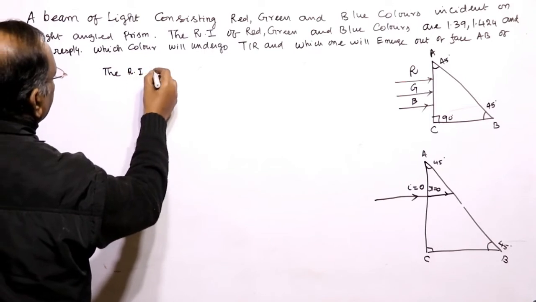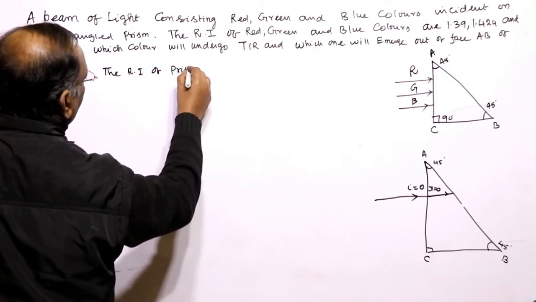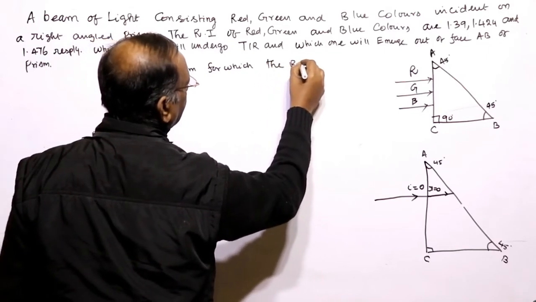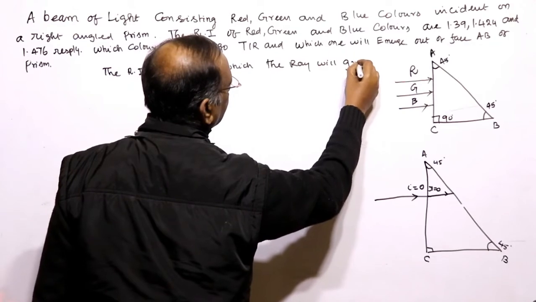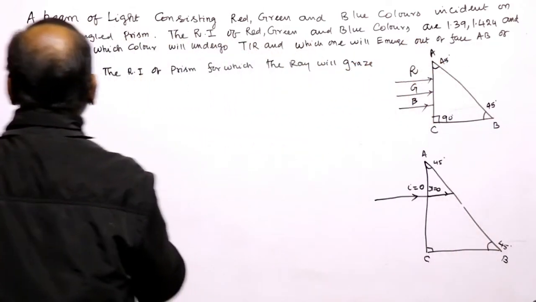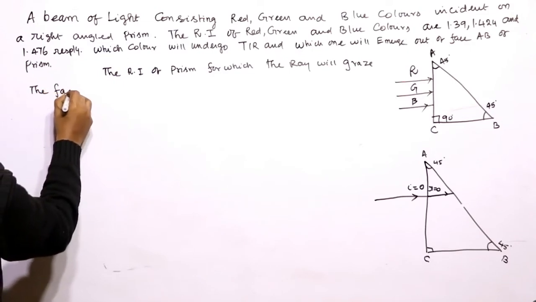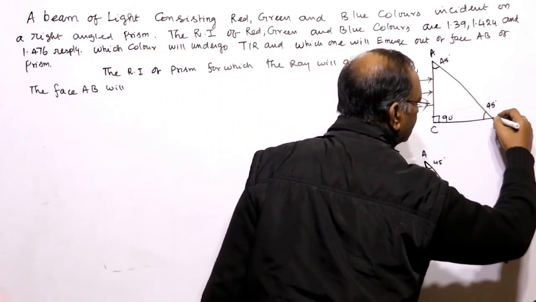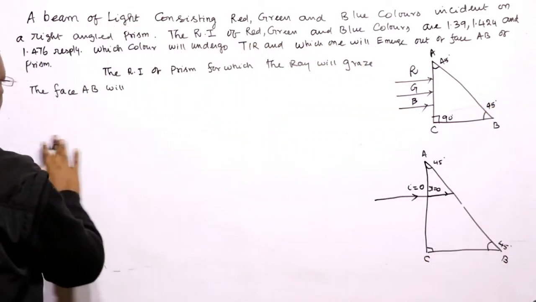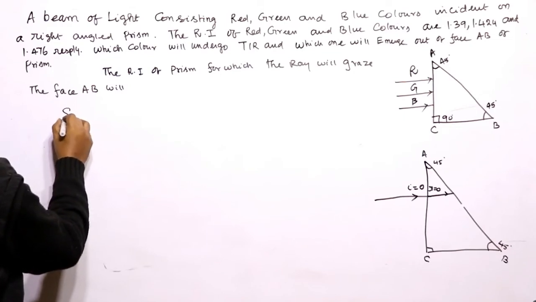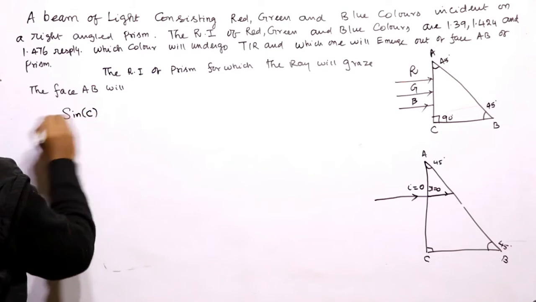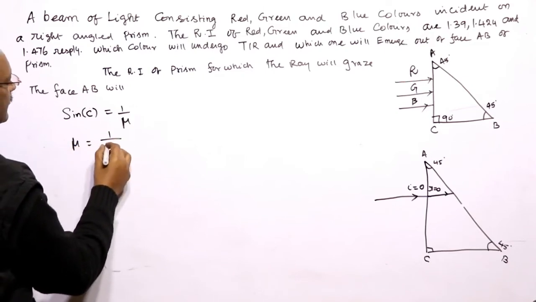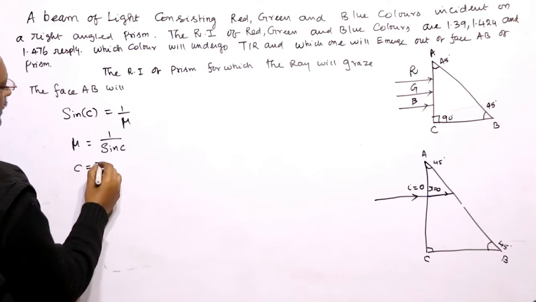Now the refractive index of the prism for which the ray will graze the face AB, when any ray is falling like this: in that condition, as we have studied in total internal reflection, the sine of the angle of incidence should be equal to the critical angle, so mu is equal to 1 by sine C, where C is the critical angle.